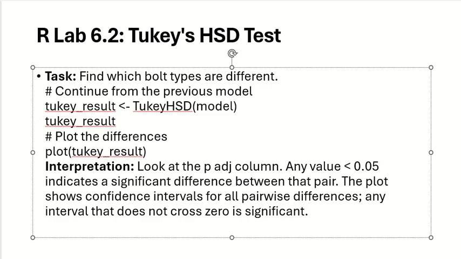So the rule is, for example, if you don't have the Tukey's test and you just have the plots, and there's another test like this, if you are taking the upper limit and the lower limit, and they cross 0, then basically it's an indication that the difference is not significant.